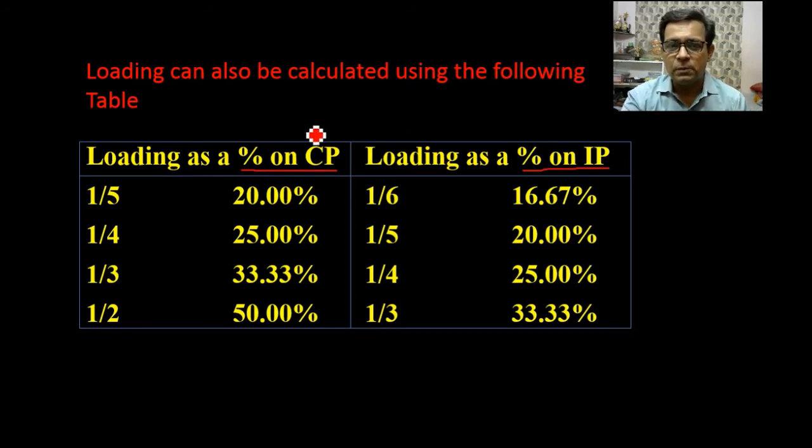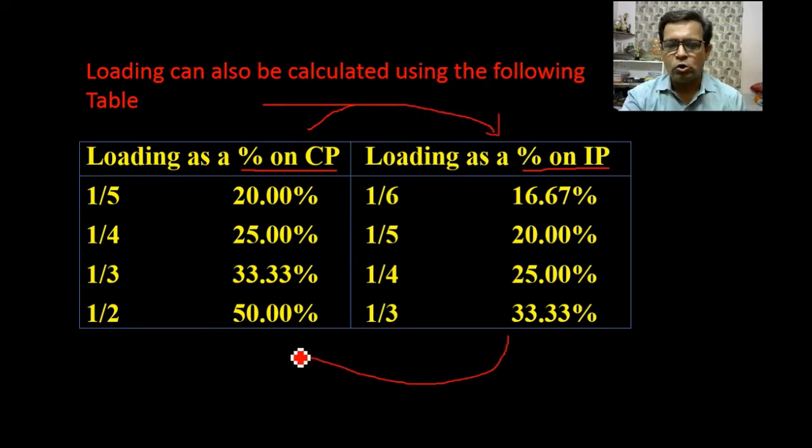The table shows the movement from this to this, but you can also have the movement from this to this in the exam, depending on the situation. Which means if I'm saying it's 20% on cost price, it will become 16 2/3% on invoice. It can even be vice versa. If it is 20% on invoice, it can be called 25% on cost.